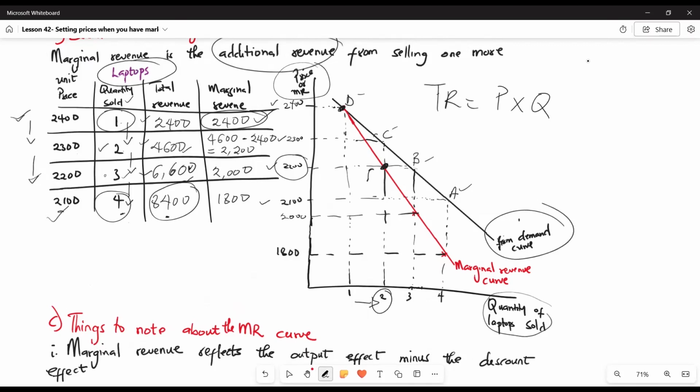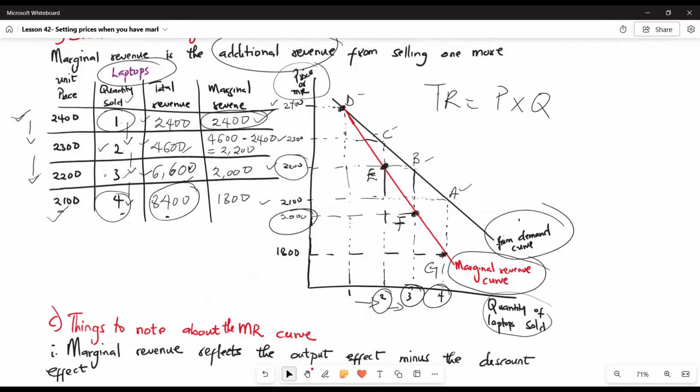We can represent this at point E. Now, when we increase the quantity sold to 3, the revenue that the third unit brought in was 2,000. So this is point F. And then finally, when we sold 4 units, the revenue that the fourth unit brought in is 1,800, which is point J. So if we connect D, E, F, and J, we have our marginal revenue curve.